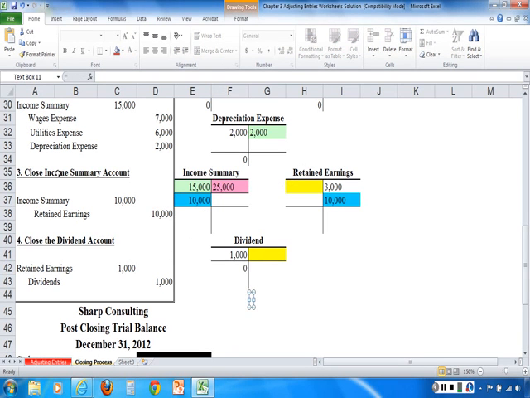And so my closing journal entry to close out the dividend account would be a debit to retained earnings for $1,000 and a credit to dividends for $1,000. And so when I post that entry, I would indeed accomplish what I wanted to do, which was get the balance of the dividend account to 0.